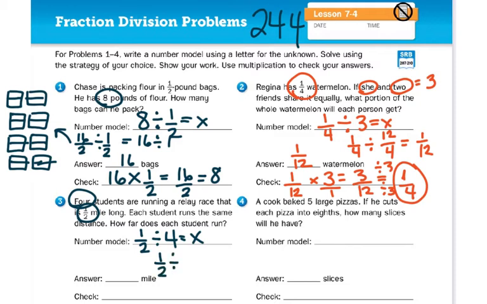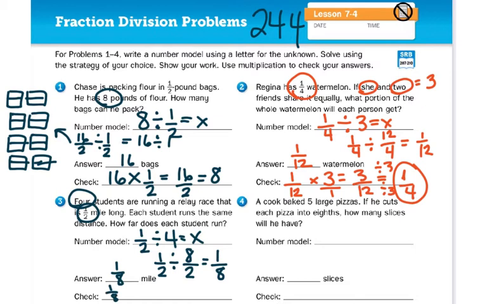I'm going to change 4 so it has a denominator of 2. 2 times 4 is 8. 8 halves is the same as 4 whole. So I just go ahead and take 1 divided by 8. If you had 1 slice of pizza and you had to divide that slice of pizza into 8 equal parts, you get 1/8. So they are 1/8 of a mile.